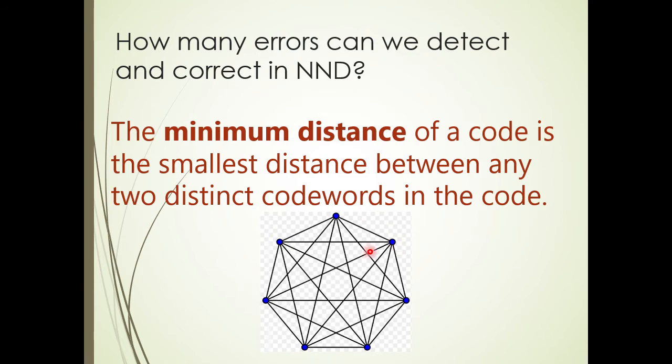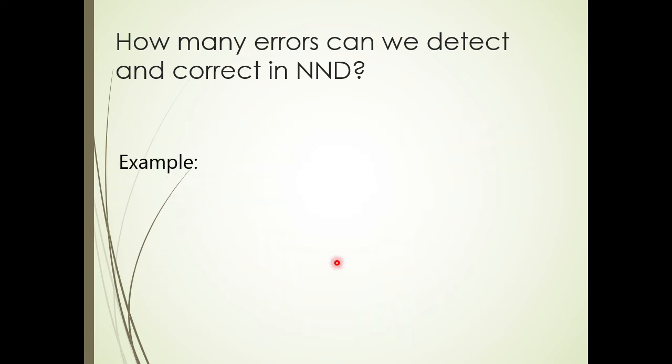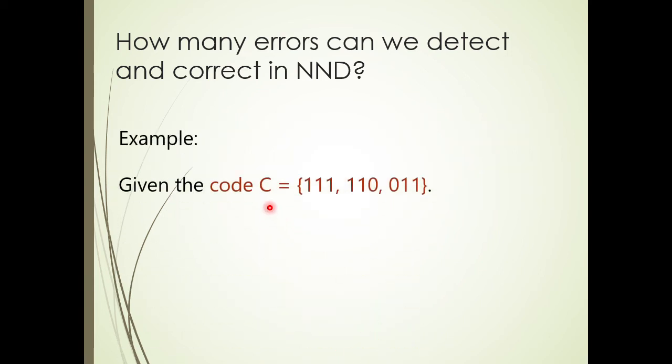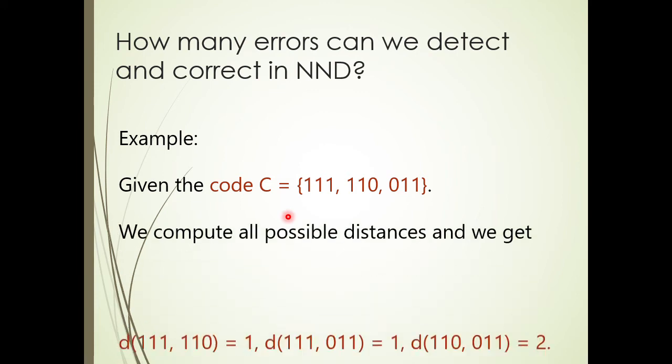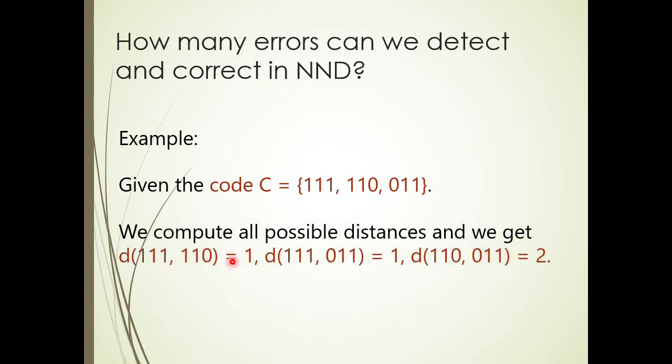That is, we compute all possible distances and get the lowest of all those values. For example, if this is our code, we compute all possible distances. So we have distance 1, and distance 2. In this case, the lowest of all distances is 1. So in this case, the code has a minimum distance of 1.